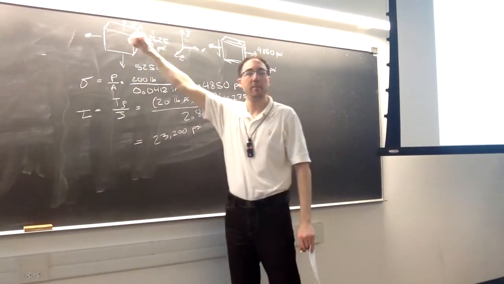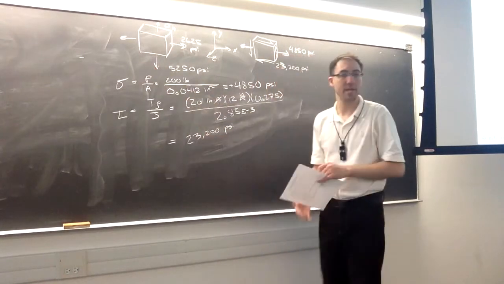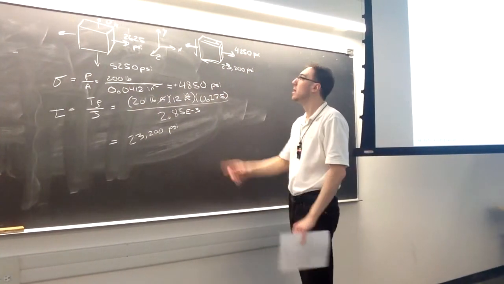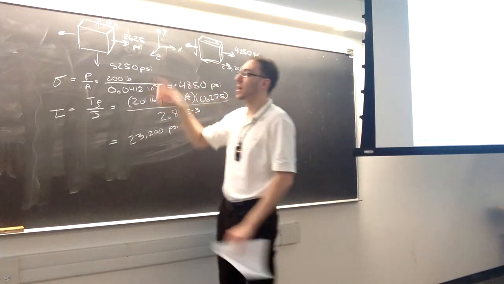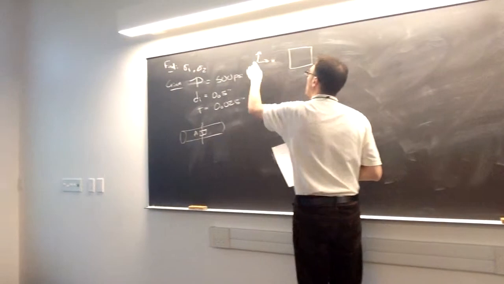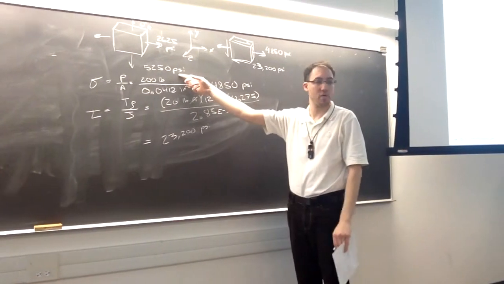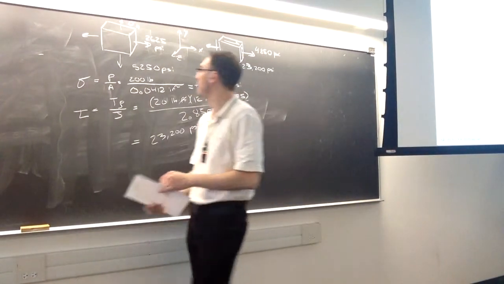Since nothing is acting on this Z face, either shear stresses or normal stresses, I can represent this in 2 dimensions like we've been doing. Now I just have to look at what's happening on each of my faces here. On the Y face, I only have a normal stress due to the internal pressure. So on my Y face, I have a tensile 5250 psi.